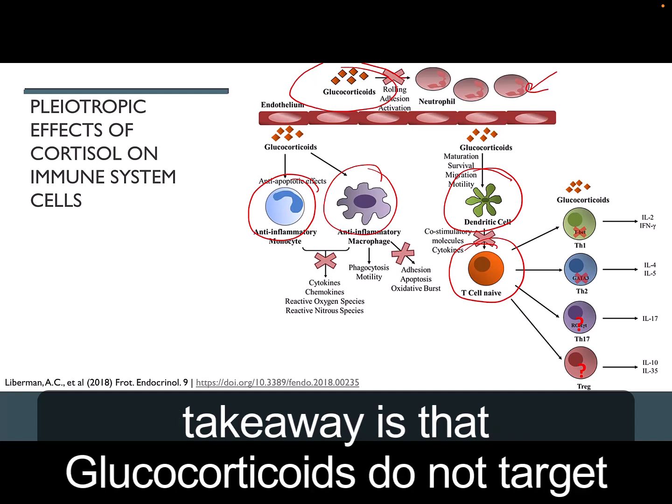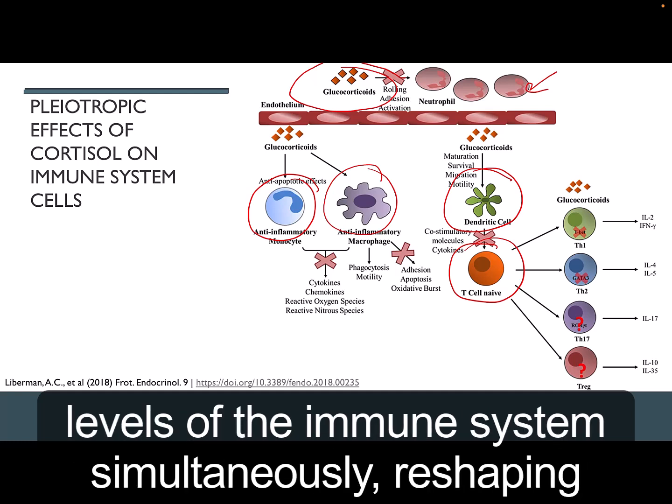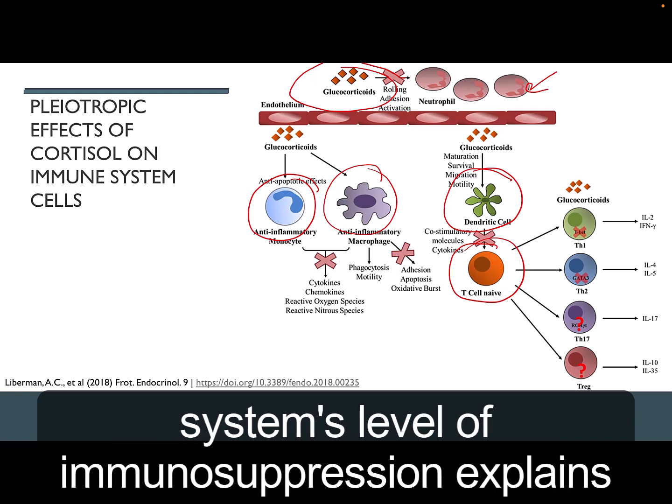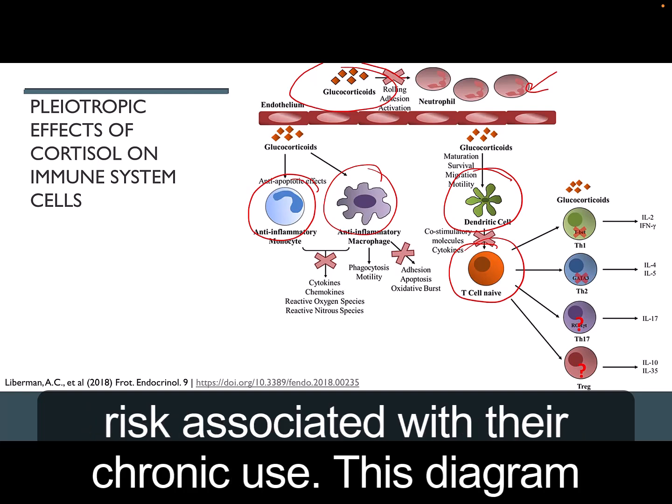The key takeaway is that glucocorticoids do not target a single immune pathway. Instead, they act at multiple levels of the immune system simultaneously, reshaping immune responses in a coordinated way. This systems-level immunosuppression explains both the therapeutic power of glucocorticoids and the risks associated with their chronic use.